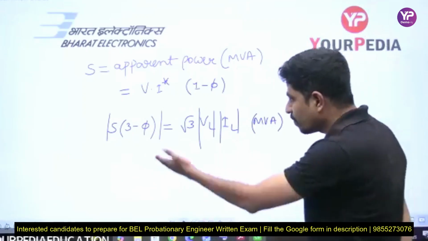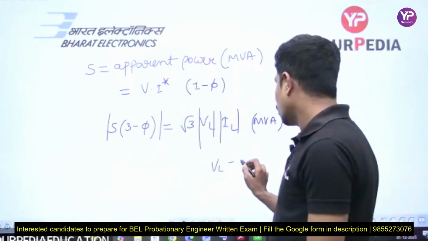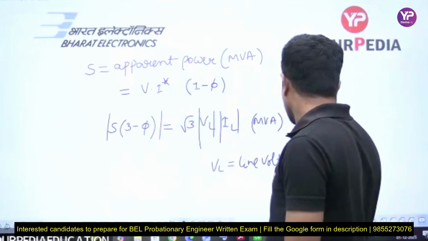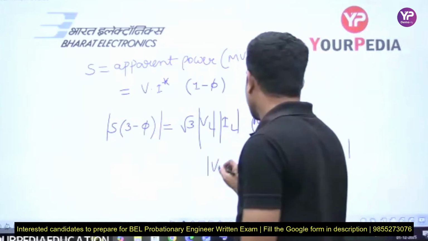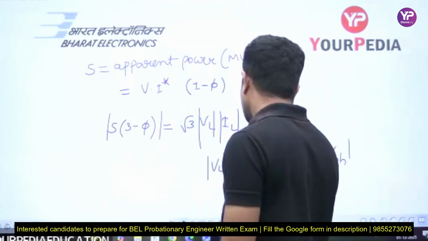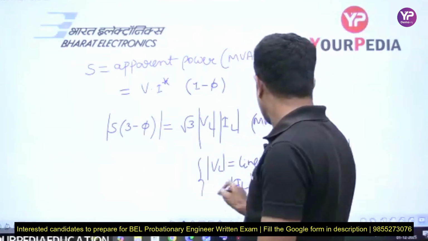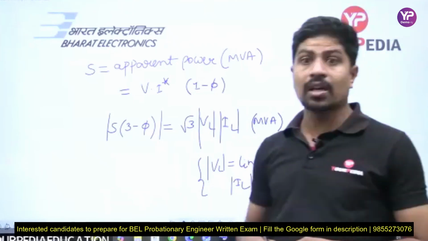Suppose S is given. VL is nothing but line voltage, which is equal to root 3 times the phase voltage, and IL is equal to I phase. You may be thinking that VL equal to root 3 times V phase and IL equal to I phase is valid for star connection.